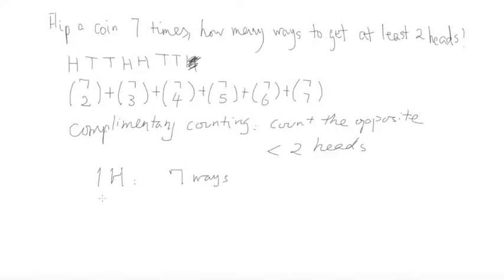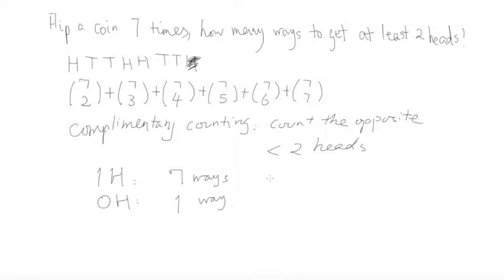And of course, you need to remember that one could get 0 heads. That means you get tail, tail, tail all the time, just 1 way, all tails. Okay, I claim that that's all we need to do. Why? Because that's the complement, and that means the remaining part will be at least 2 heads.